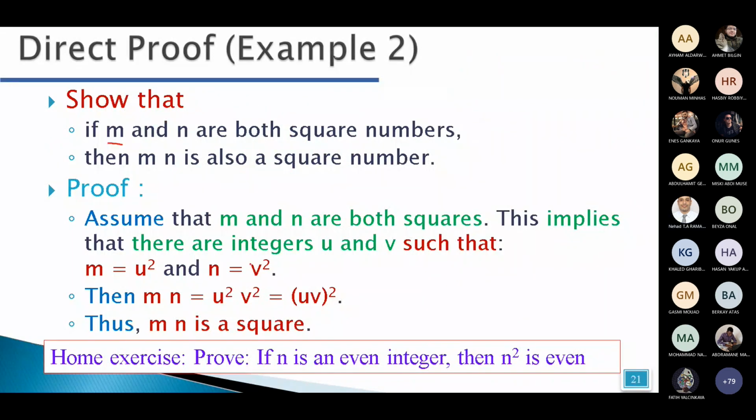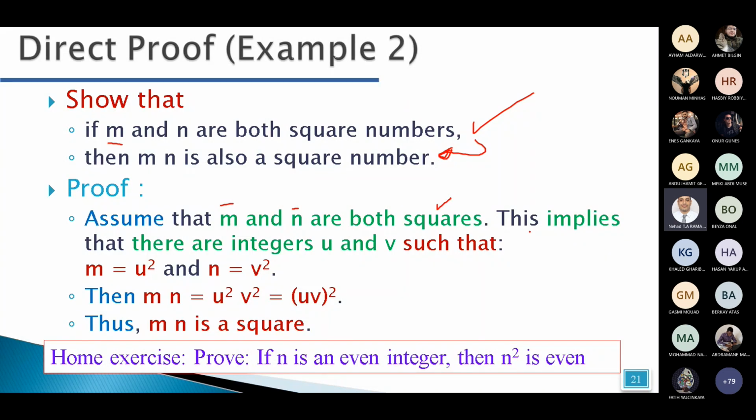We assume that this one is true, then we prove that this one is true from this assumption. So we assume that m and n are both square.